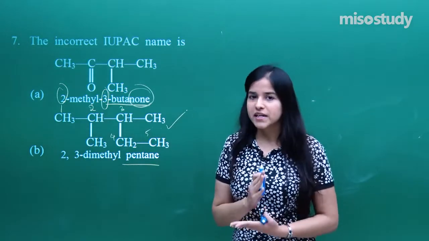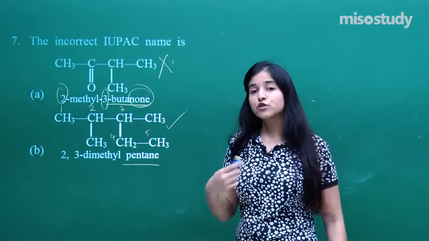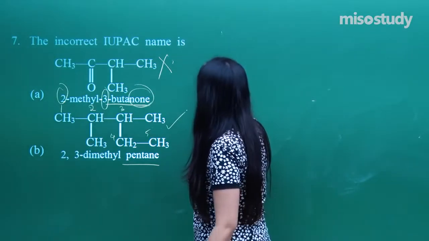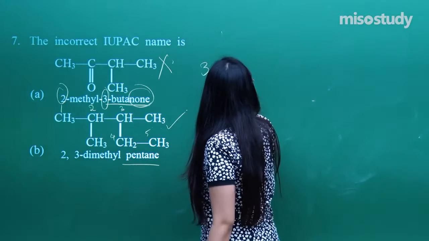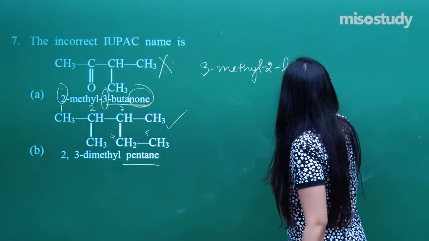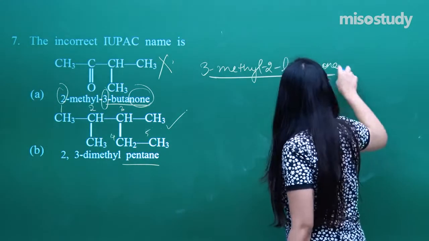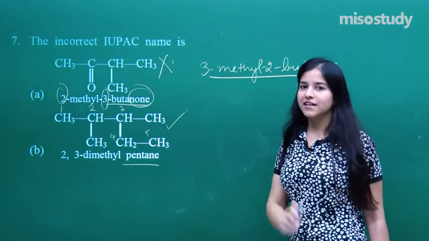That means it's a very incorrect order. What should be the correct name for this? It should be 3-methyl-2-butanone. As per the IUPAC nomenclature rules, this must have been the correct answer.